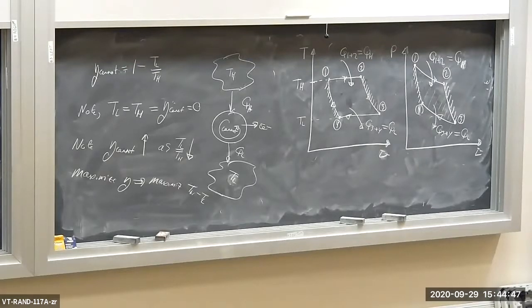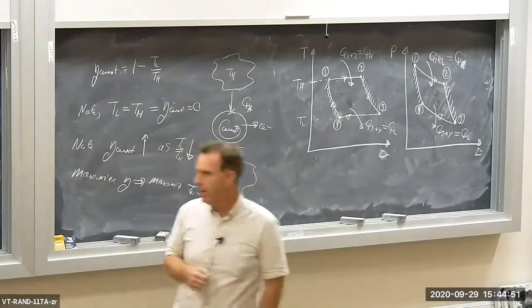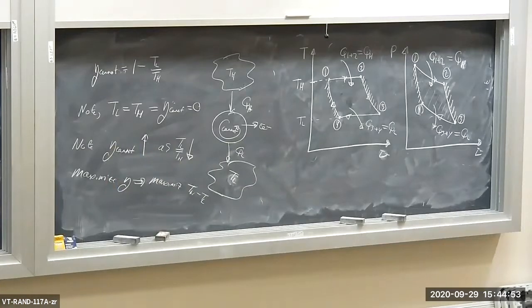I'm going to assume constant specific heats, and I'm going to fix the ratio of Cp to Cv. This will make it relatively easy to do calculations, as opposed to using air tables, which can be much harder to do, okay? The amount of air, the working fluid, is 0.1 kilograms.